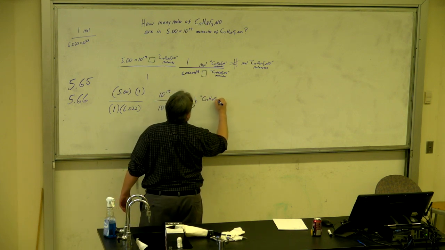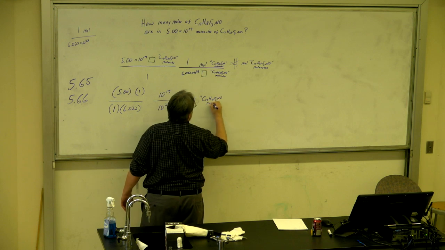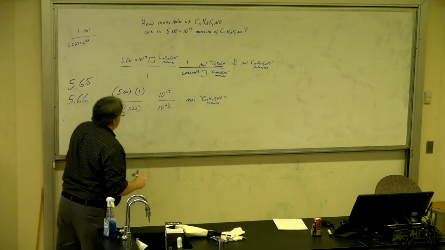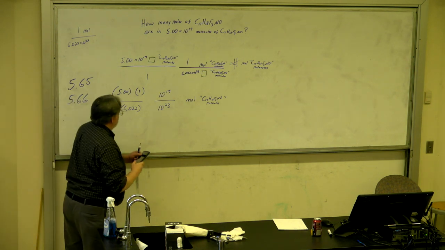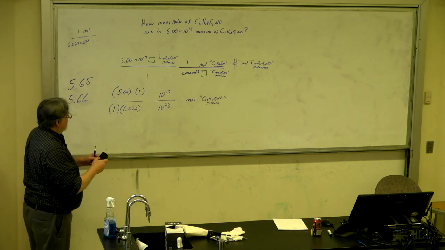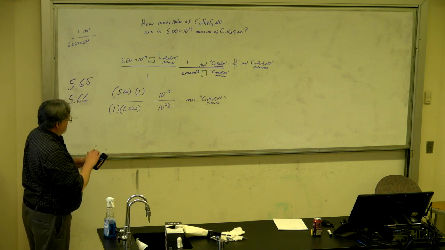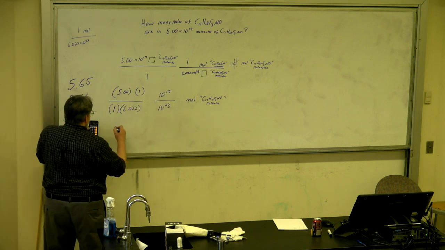C17, H18, F3, divided by 6.022. So this numerical value is 0.83.